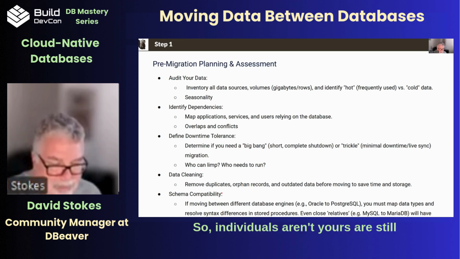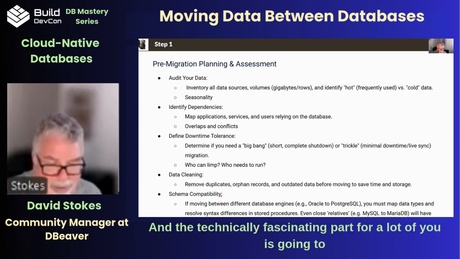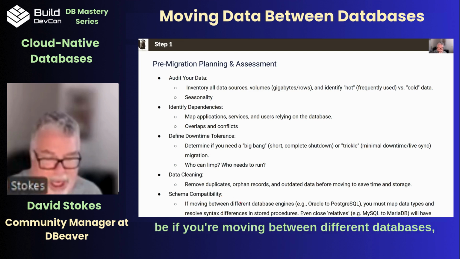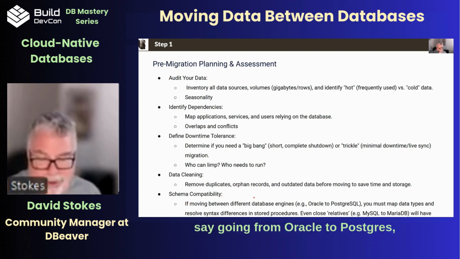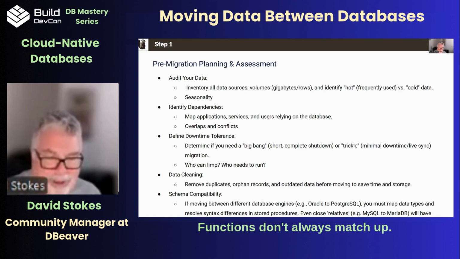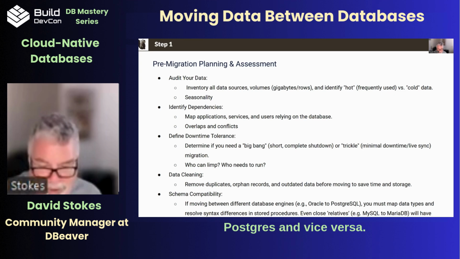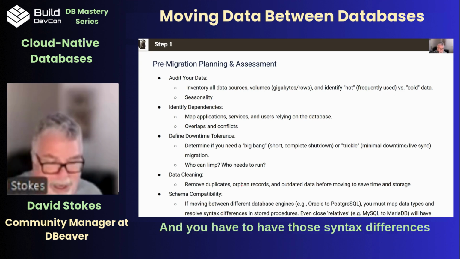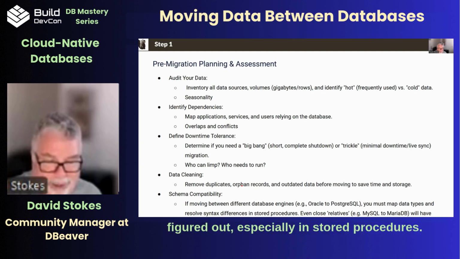Now, the hard part and the technically fascinating part for a lot of you is going to be if you're moving between different databases, say going from Oracle to Postgres. Data types don't always match up, functions don't always match up. There's things in Oracle SQL that aren't in Postgres and vice versa. And you have to have those syntax differences figured out, especially in stored procedures.